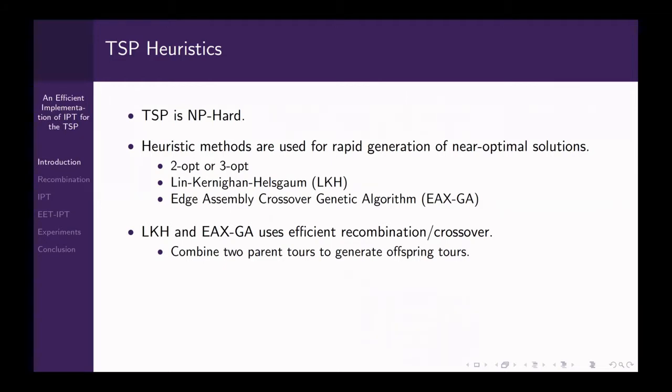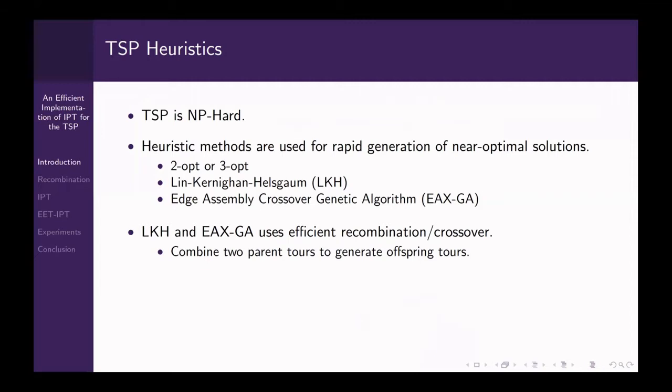And there are more sophisticated local searches like the Lin-Kernighan-Helsgaun heuristic, or LKH heuristic, or edge assembly crossover genetic algorithms. In LKH heuristics or in genetic algorithms, they generally try to combine two parent tours in order to generate better offspring solutions.